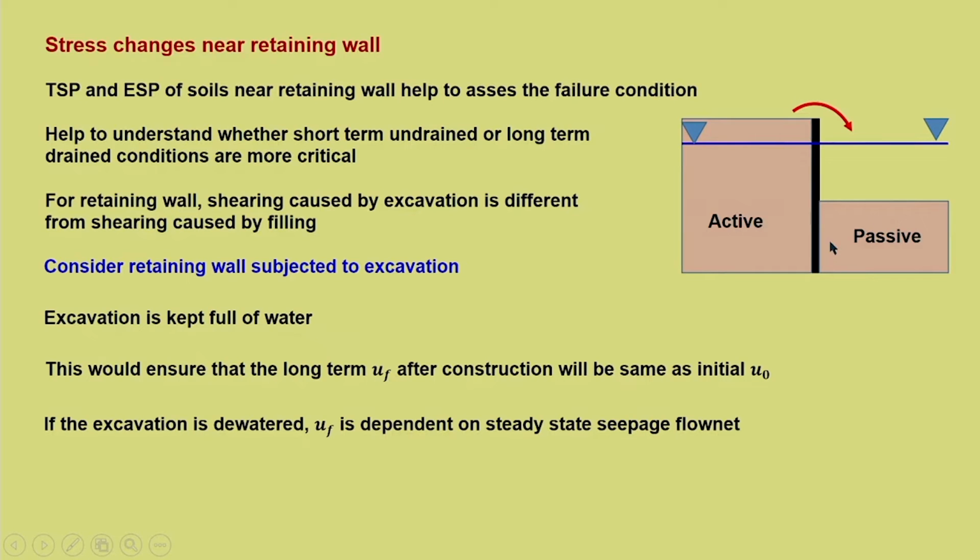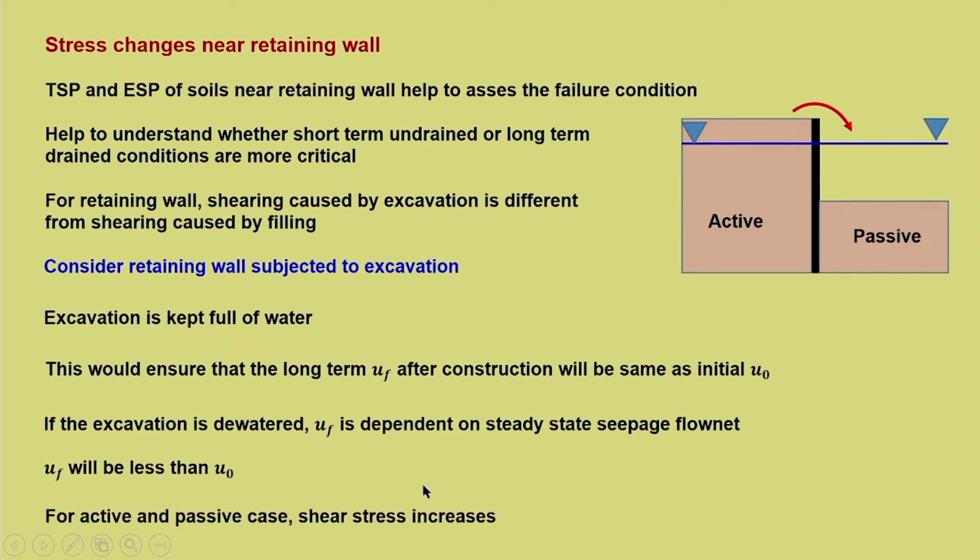This will determine the equilibrium final pore water pressure. To avoid that complication, for this example we are considering the water level to be unchanged, so it remains the same. UF will be less than U naught if steady state seepage is happening; the final pore water pressure will definitely be less than the initial pore water pressure U naught.